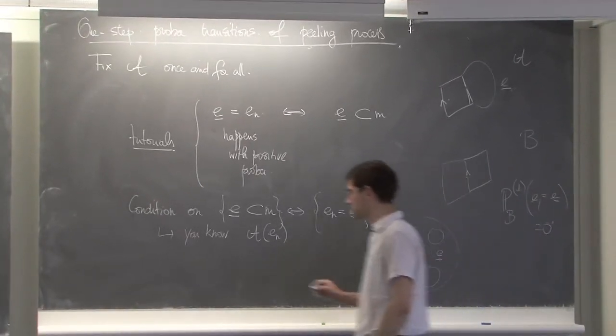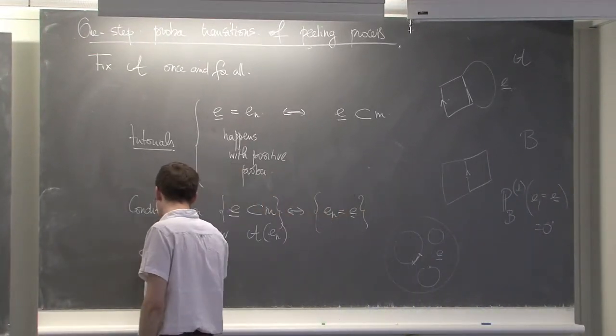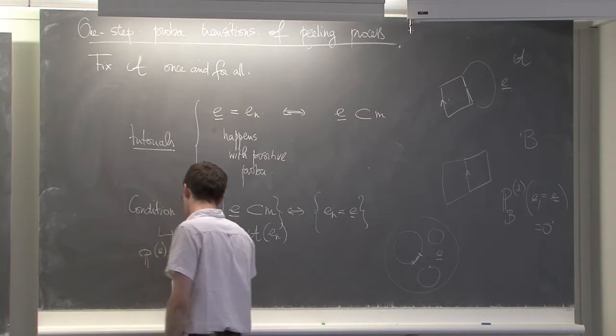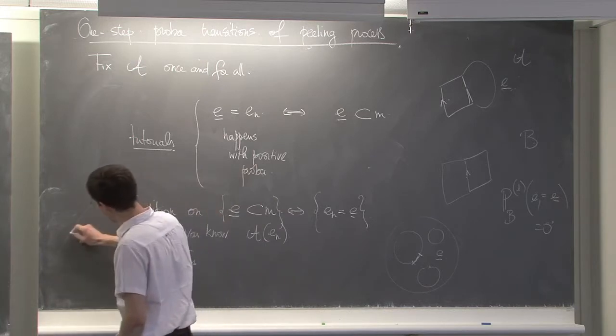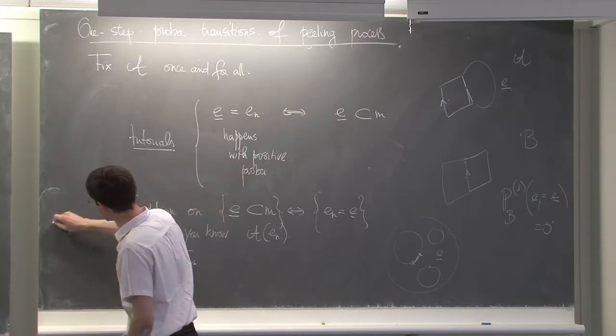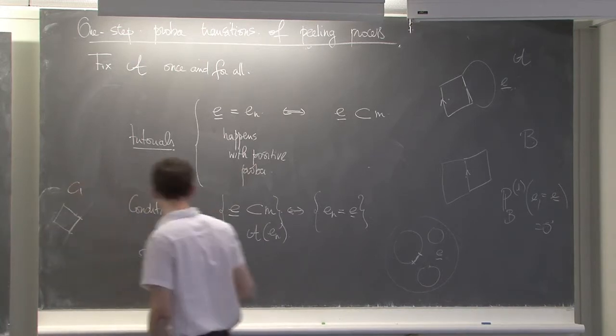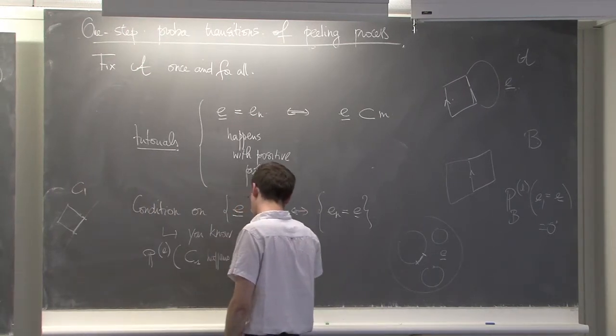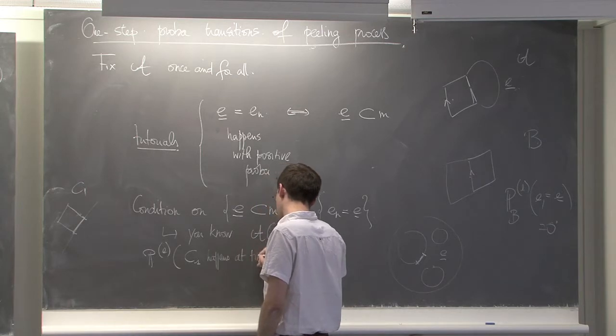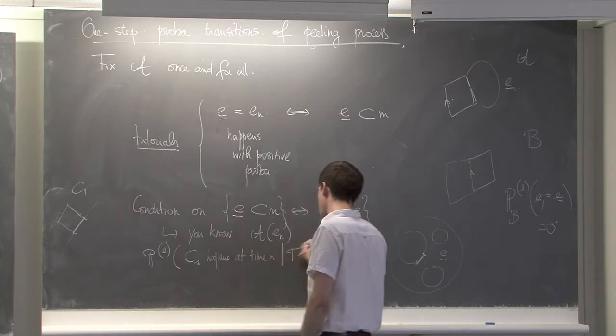There are two cases. What is the probability that C1, remember, event C1 is you peel this edge and you discover a triangle. That's C1. What is the probability that C1 happens at time n knowing Fn?